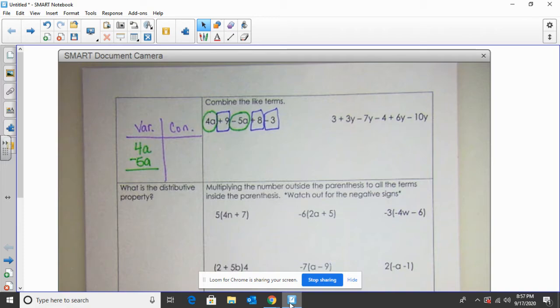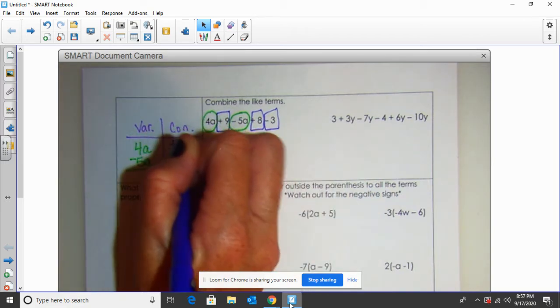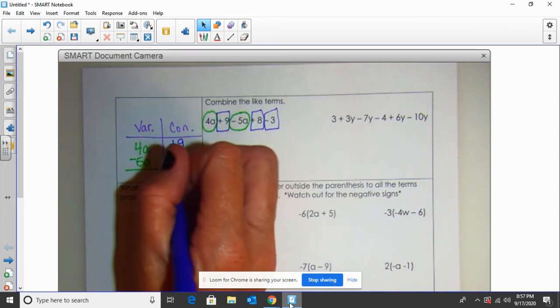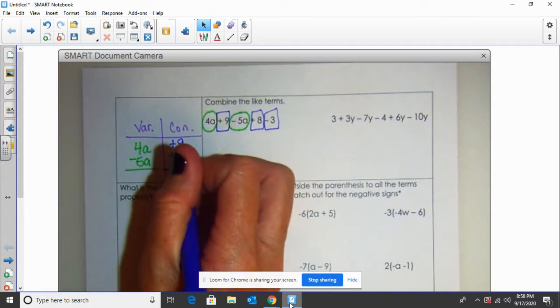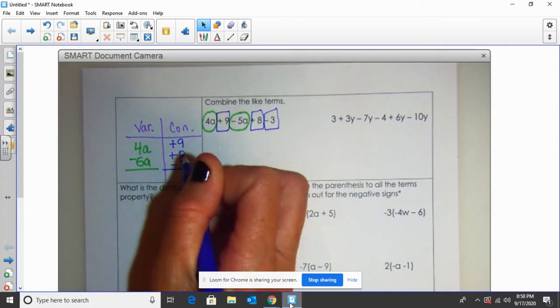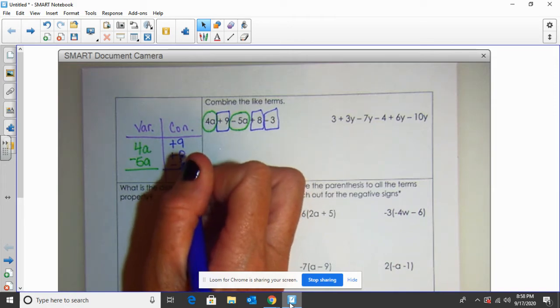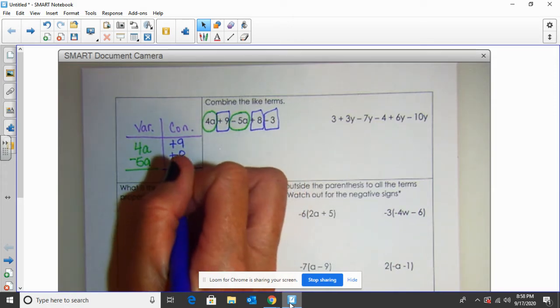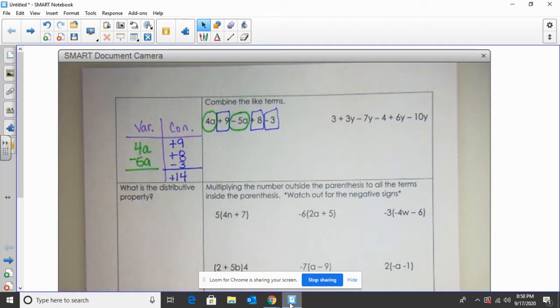Okay, my constants, I had a positive 9, a positive 8, and a negative 3. All right, so grab that calculator. 9 plus 8 minus 3. Well, I know 9 plus 8 is 17. 17 minus 3 is 14, and that is a positive 14.